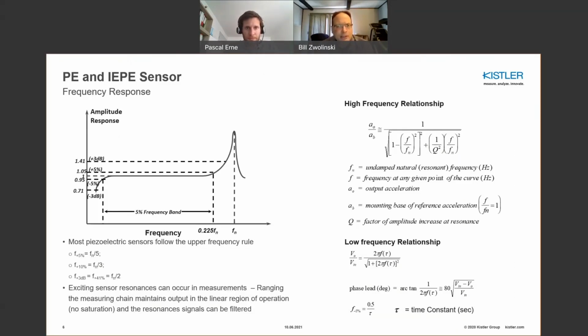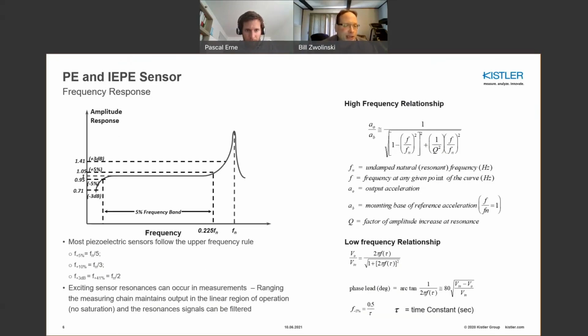But one of the nice things about using that lightly damped second order model is that you can derive closed form expressions as to what the amplitude response tolerances could be. For example, the 5% amplitude response tolerance would be Fn over 5. That's the natural frequency over 5. So if you had a system with a 1 kilohertz natural frequency, you would expect a 5% frequency of about 200 hertz.